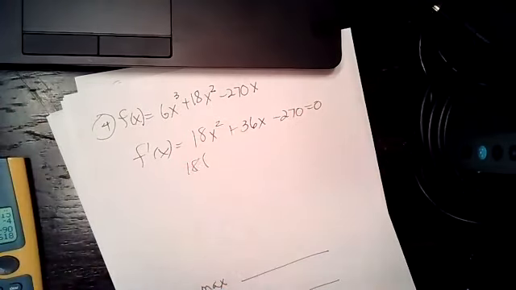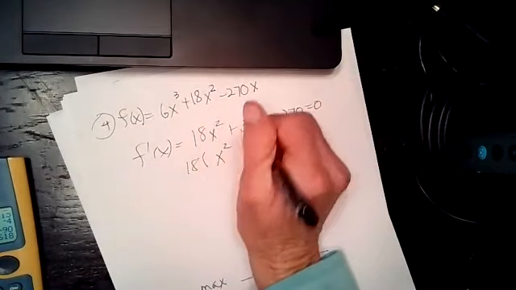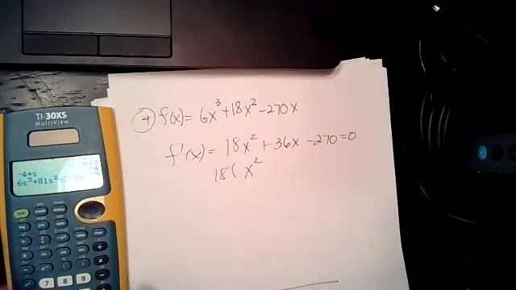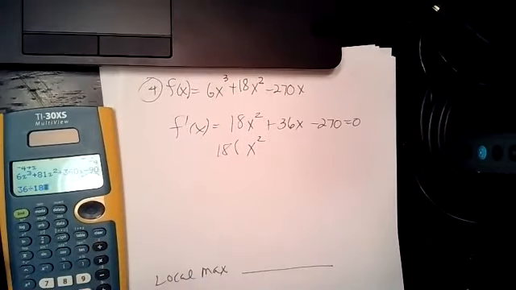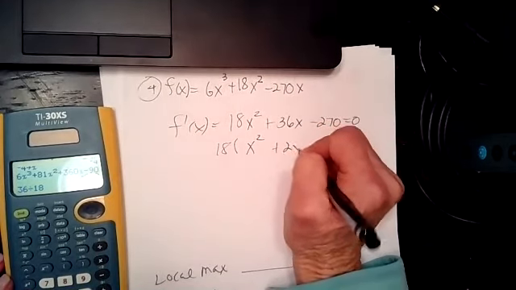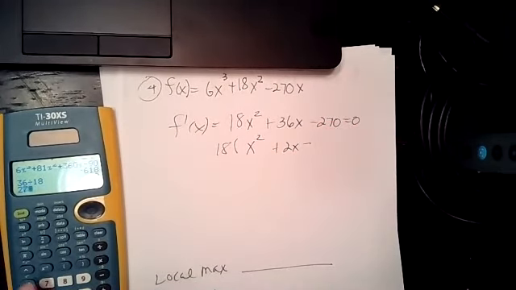Hopefully an 18 will factor out of everything. So I say 36 divided by 18, which is 2, minus 270 divided by 18, which is 15.